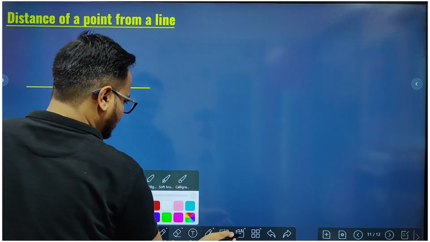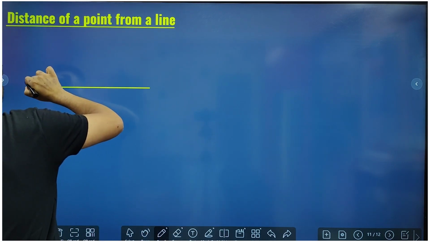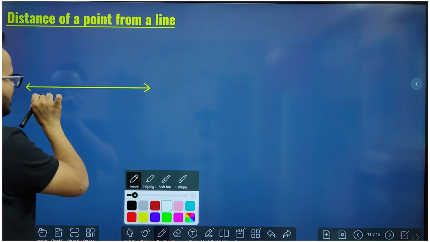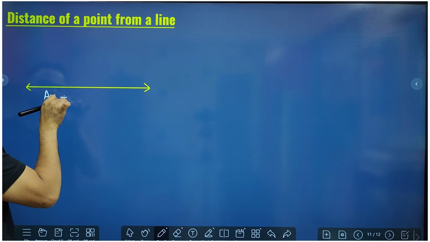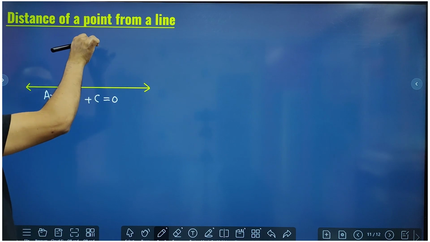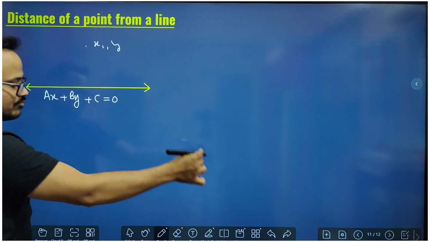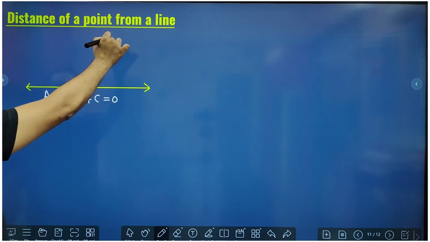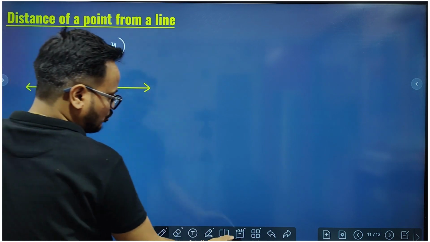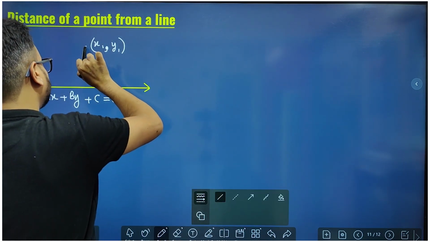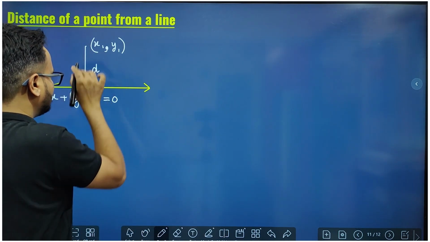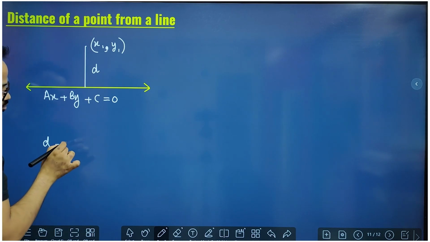Let us say we have a line ax + by + c = 0, and here we have a point (x1, y1), and we have a formula to find the perpendicular distance of this point from this line. Let us say this distance is d.